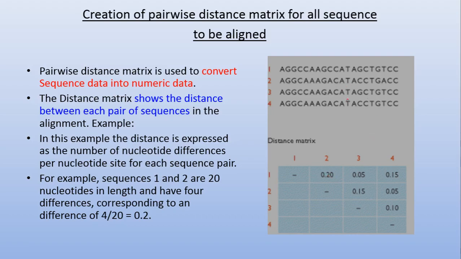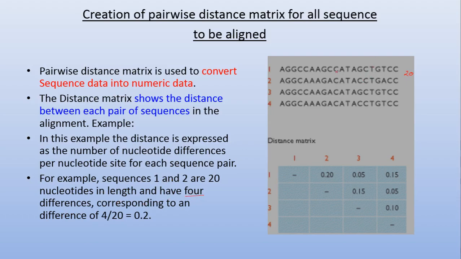Typically this distance matrix would show the distance between each pair of sequences in your alignment. In our case, the distance is expressed as the number of nucleotide differences per nucleotide site for each sequence pair. For example, sequence 1 and sequence 2 are 20 nucleotides in length, and they have a difference at 4 positions.